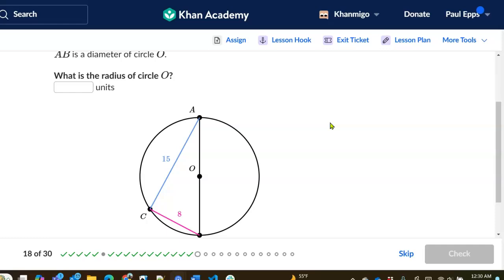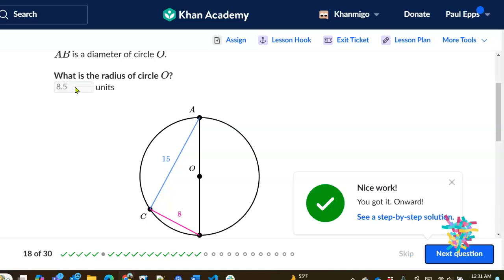Add them together, we get 289. What is the square root of 289? It's 17, right? So then the radius is 8.5 units.